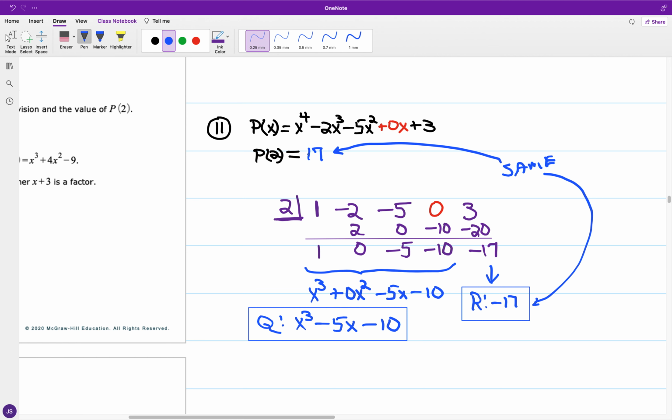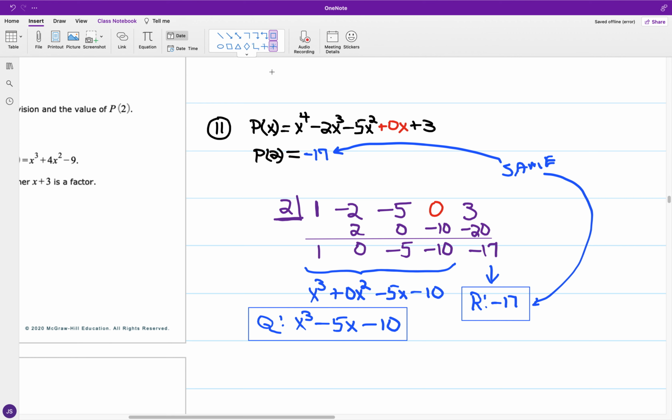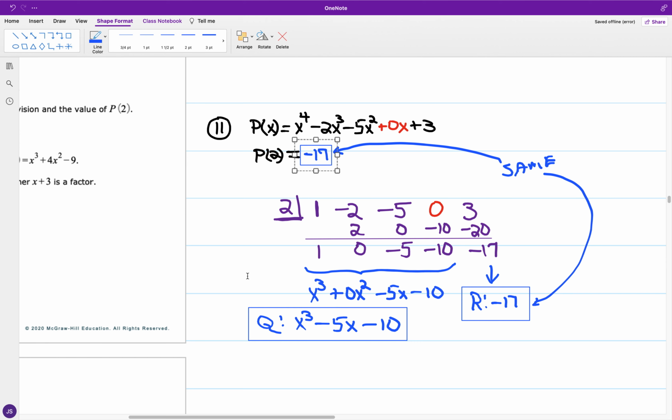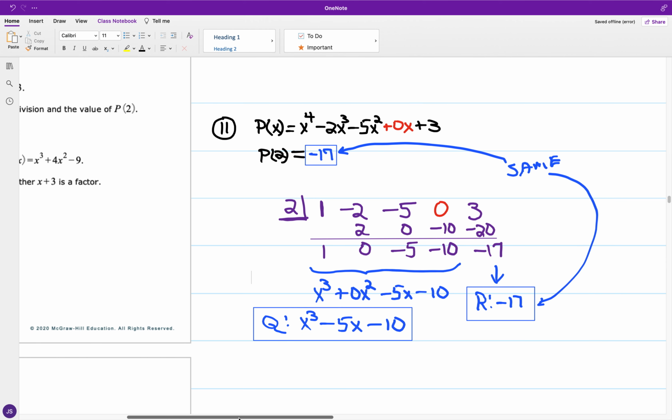Okay, so in this case, we had that p of 2 is equal to negative 17. All right.